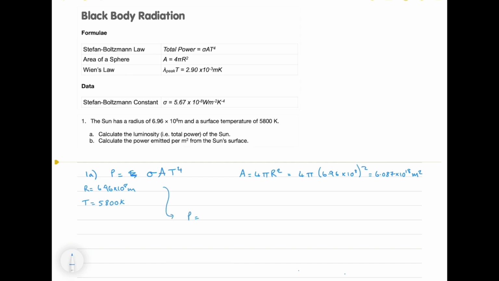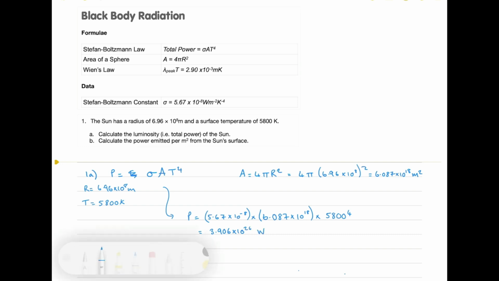P equals, this sigma here is the Stefan-Boltzmann constant, 5.67 times 10 to the minus 8, times our area, which we worked out a second ago, and times T to the power 4, so 5,800 to the power 4. We'll pop that into our calculator, and our answer will be 3.906 times 10 to the 26, and power is in watts.